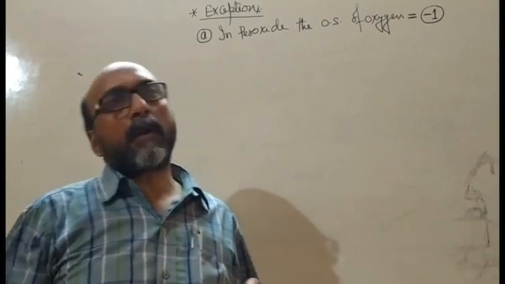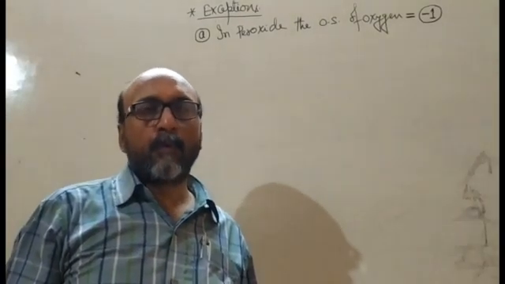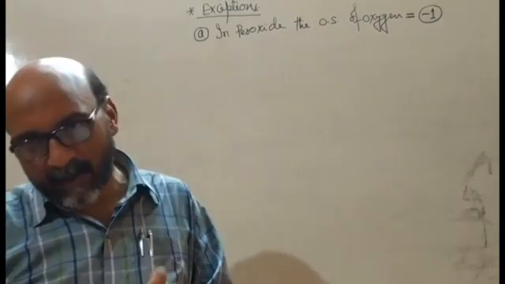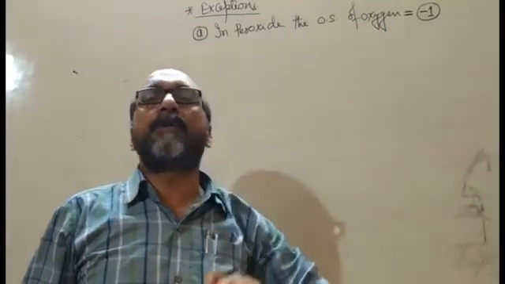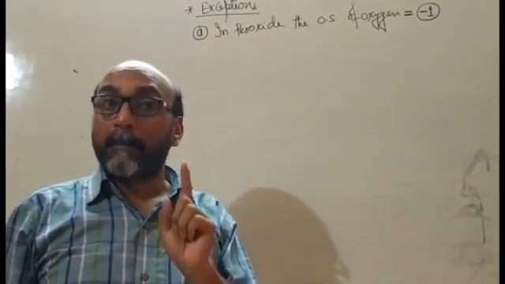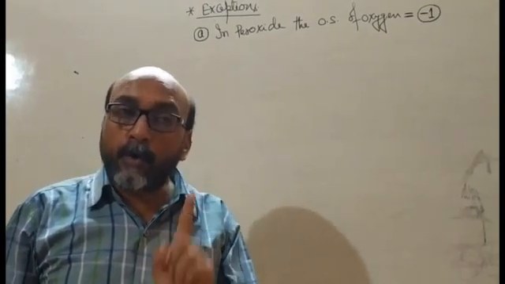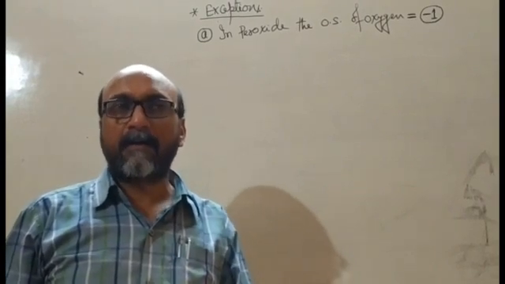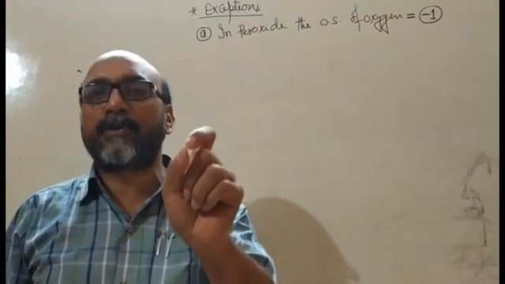In all compounds which you give the name peroxide, the oxidation state of oxygen is minus 1 for those oxygen atoms which are the part of the peroxide bond.